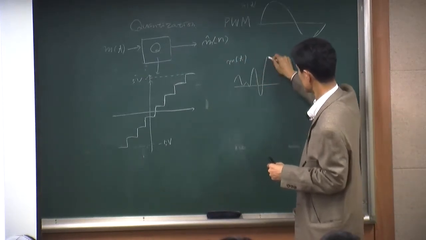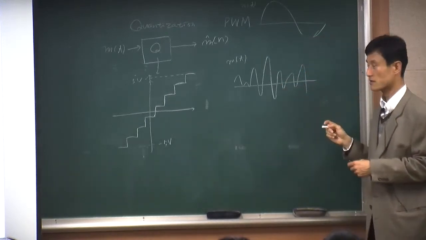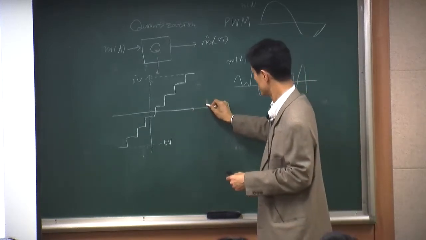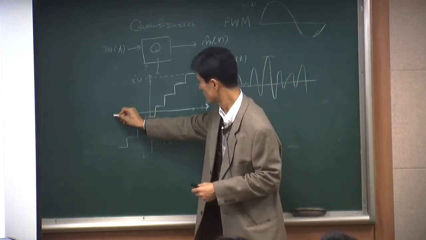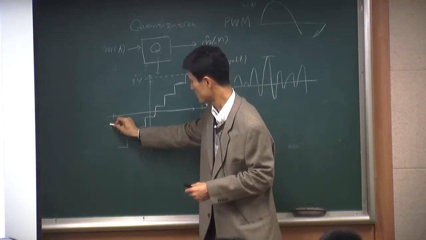is an analog signal, something like this, right? Sometimes, if your analog signal has a maximum value of, let's say here 5 volts, same way, -5.